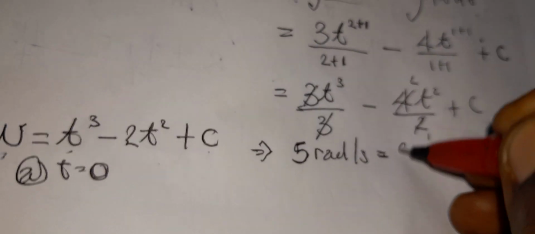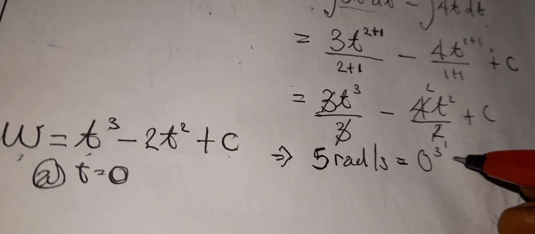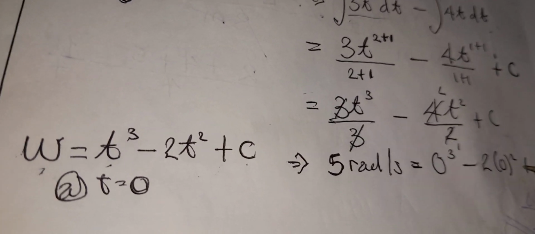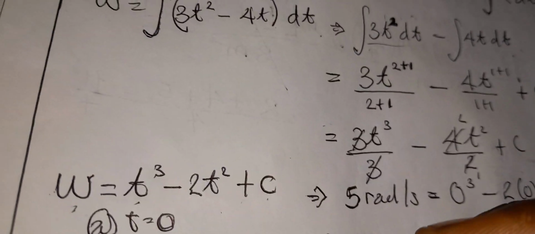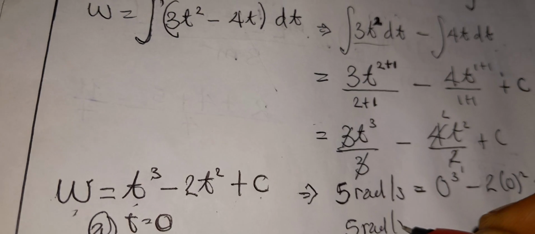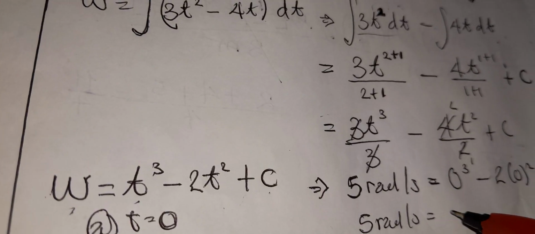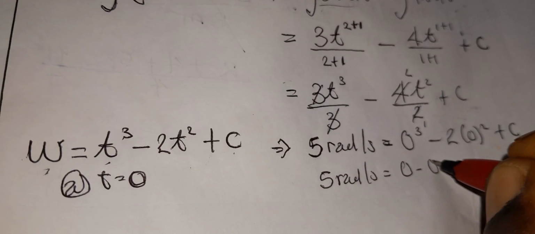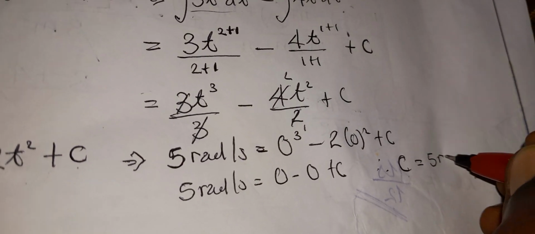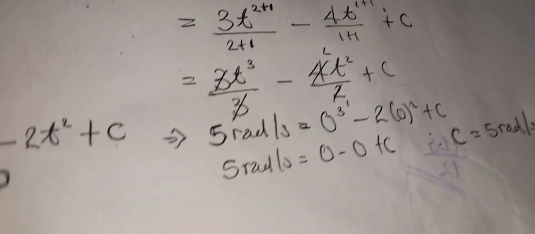So it now becomes 0 to the power of 3 minus 2 times 0 to the power of 2 plus c. So now this becomes 5 rad per second equal 0 minus 0 plus c. So therefore c equal 5 rad per second.